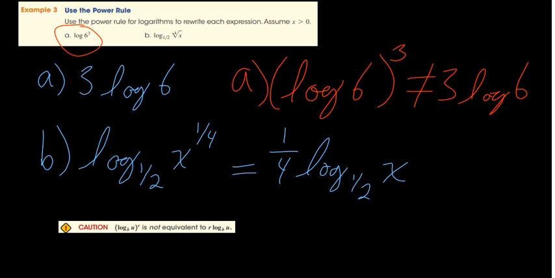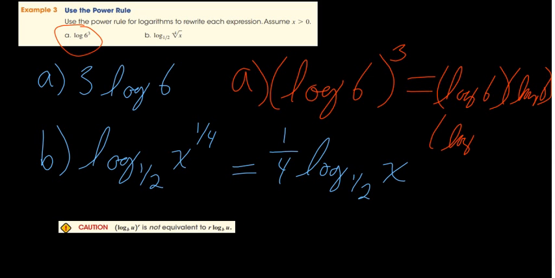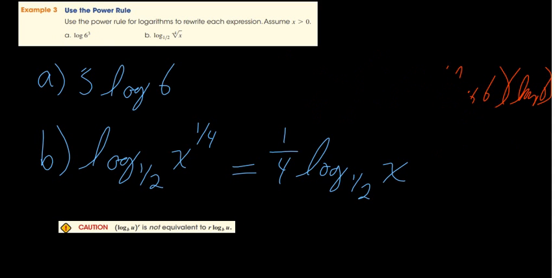Instead, that is log of 6 times log of 6 times log of 6, of course, the way we do our exponents. So that caution is there. I just almost missed it. All right, now I think we can move on.